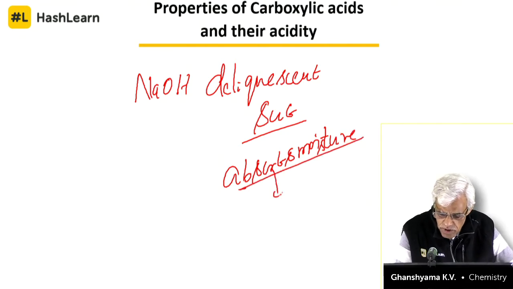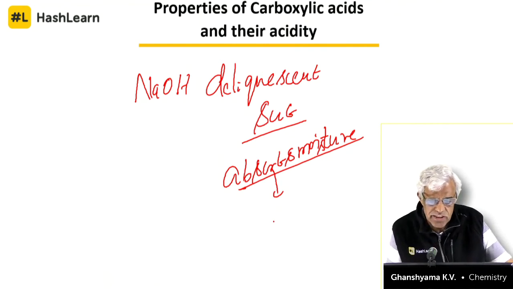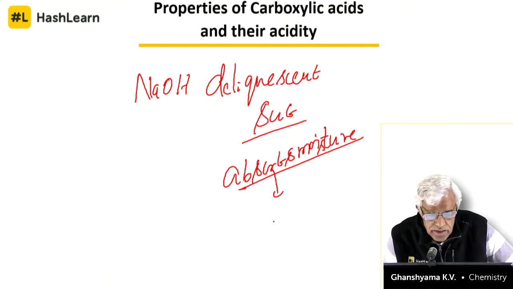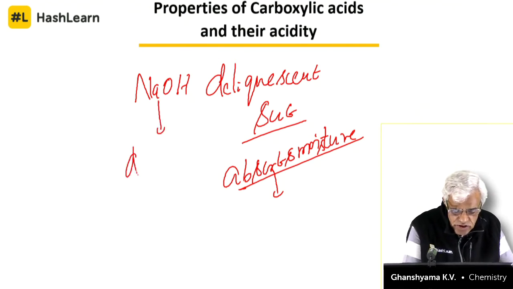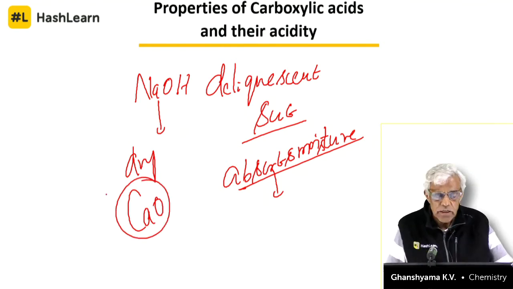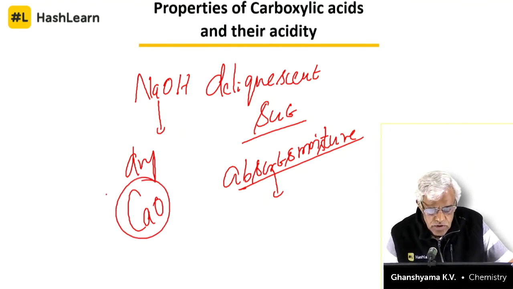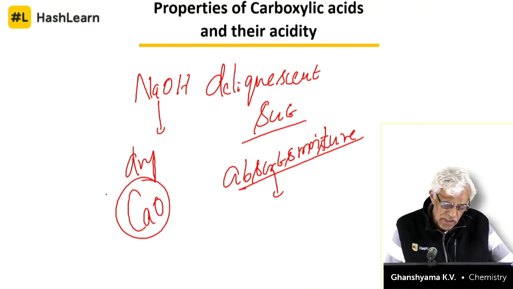When it absorbs moisture, its reaction with acetic acid etc. becomes very, very slow. Therefore, to keep NaOH in the dry condition, calcium oxide is used. So, calcium oxide keeps sodium hydroxide dry and helps the reaction.